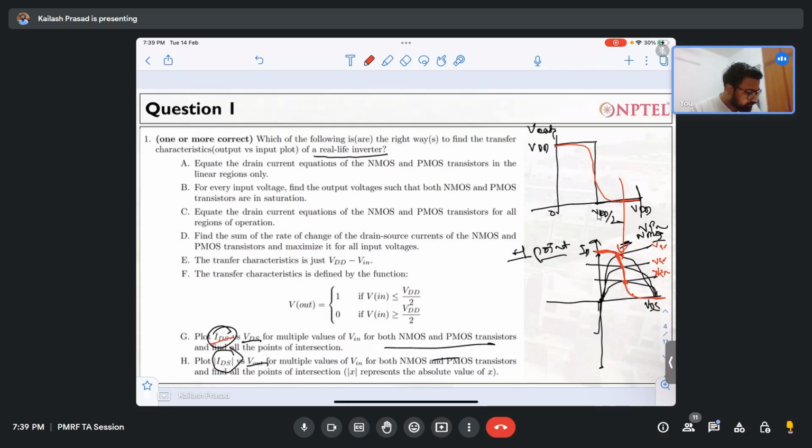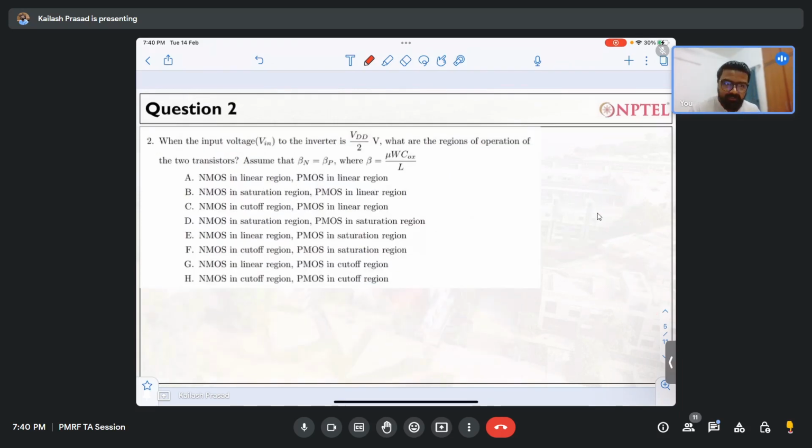So this will be your output characteristic, and the answer in this particular case is H. Okay, all the other points you won't be able to use to actually plot the final output. Okay, so that's question one, right? It was straightforward. Moving to again a very simple question.